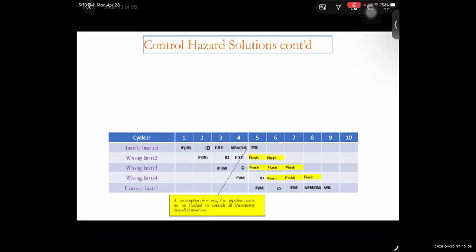Another one is the branch delay slot. In the delay slot approach, if this is a branch instruction and these are non-branch instructions, suppose, then separate the branch instructions and the non-branch instructions. The branch instructions are kept in the delay slot, so if you assume this is one slot, this is the delay slot.